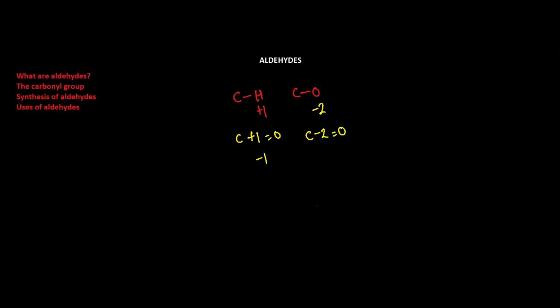And we can also calculate the charge for carbon here to be +2. Now we can see that when the carbon-hydrogen bond is replaced with a carbon-oxygen bond, the oxidation number of carbon increases from -1 to +2.